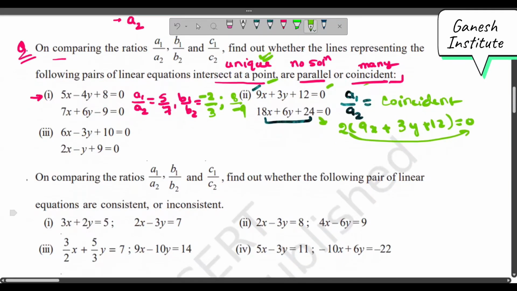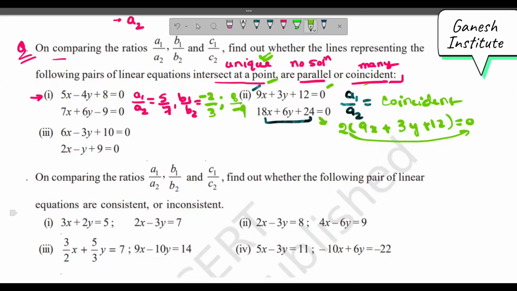Third one, let's see. It's two, so that would be 1/3. One by three, are you sure? Sorry, 3/1. Not 1/3. Yeah, 3/1. The second one would be 3/1.